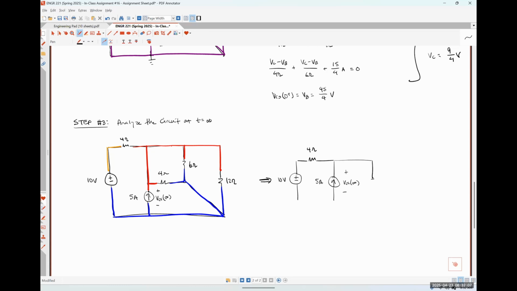And then over here on the right, I'm going to put the equivalent resistance. So this is 4 in parallel with 6 in parallel with 12. So let me figure out what that is real quick. So that's going to look like a 2-ohm resistor.